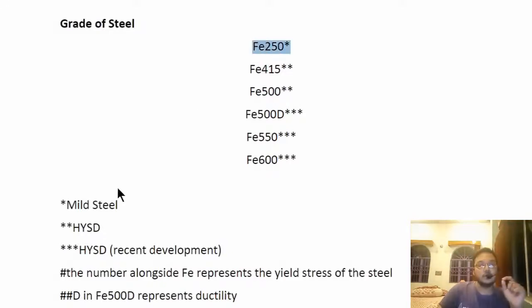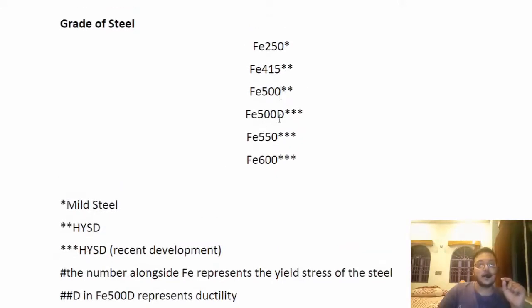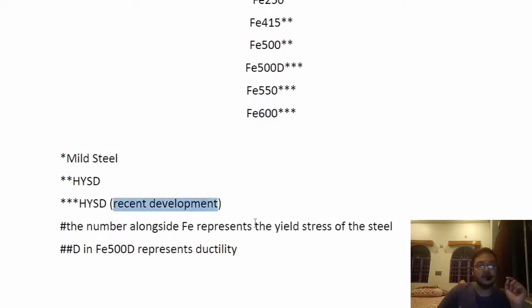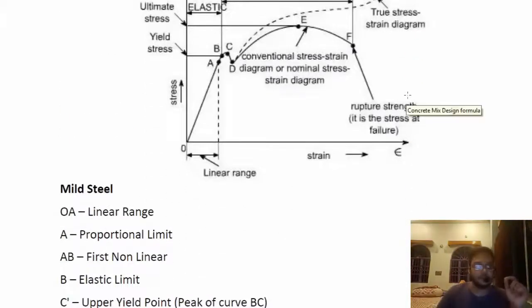And one more thing, Fe 250, which is marked with one asterisk, is actually mild steel. 415 and 500 are marked with 2 asterisks, and these are HYSD. Similarly 500D, 550 and 600 are HYSD with recent development. So these bars were developed recently.